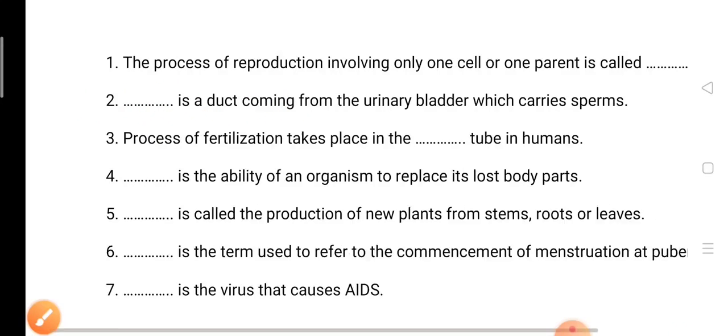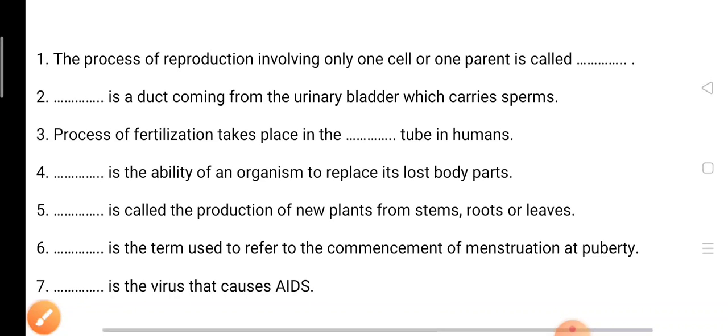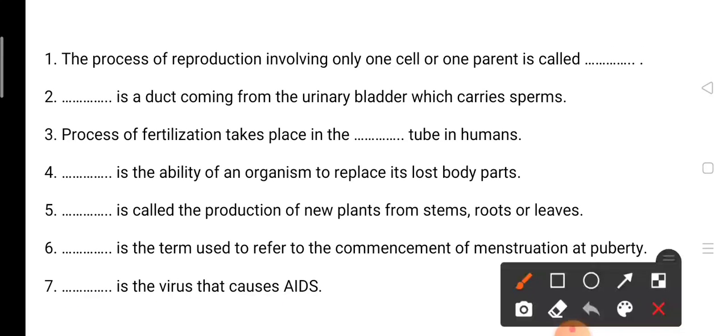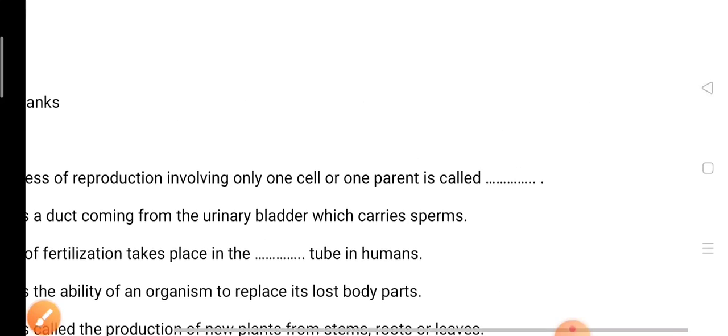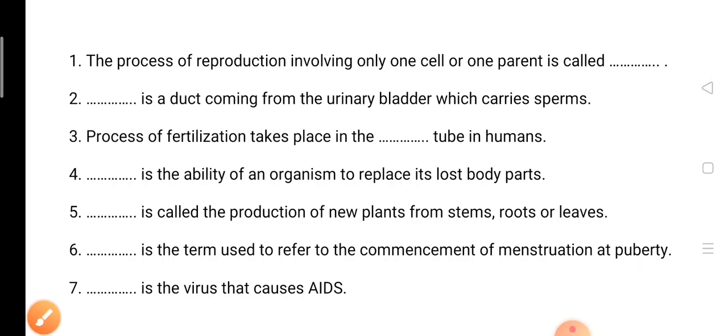Now the third question, the process of fertilization takes place in the tube in humans. So there is the fallopian tube in the human female where the process of fertilization takes place.